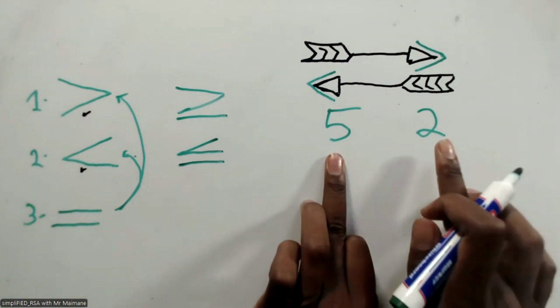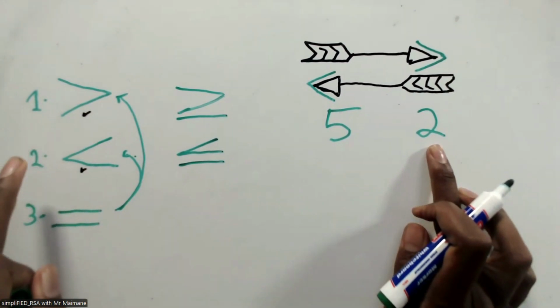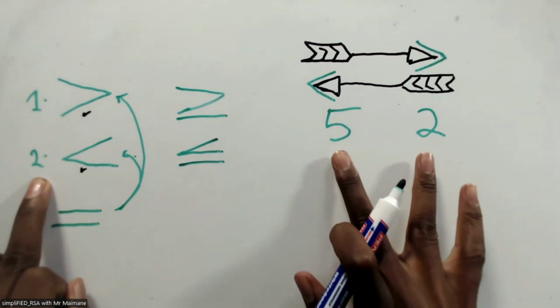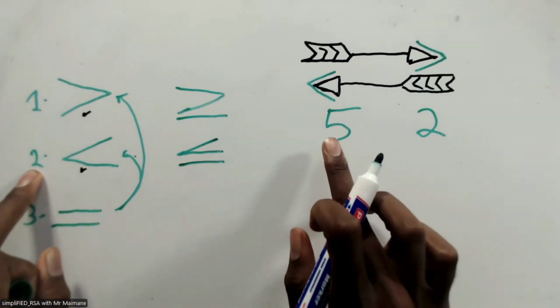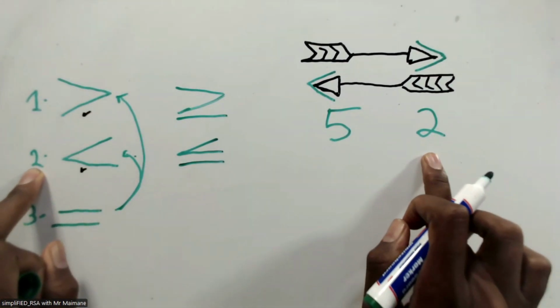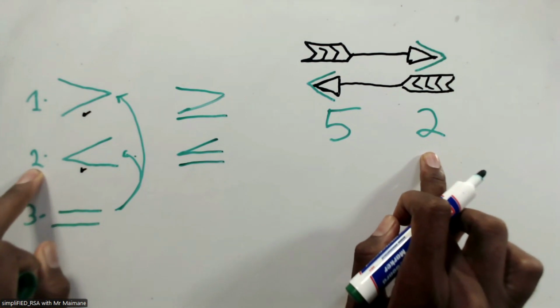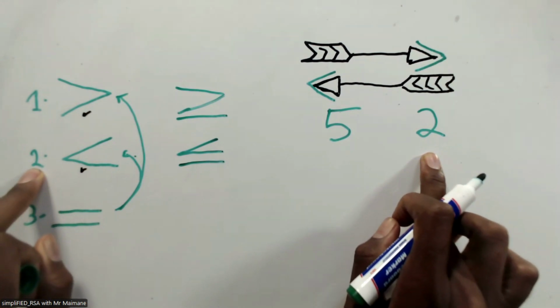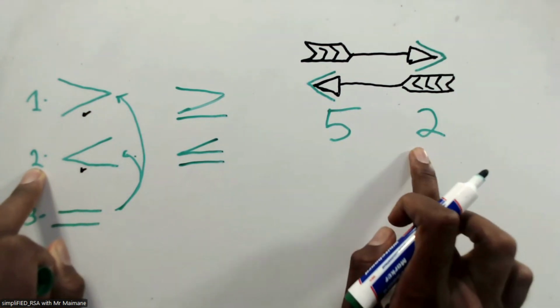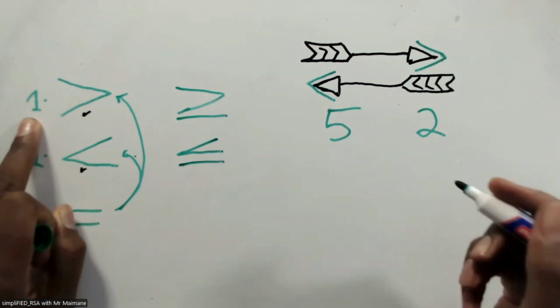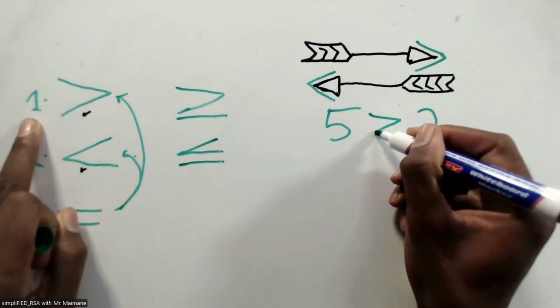If you have a 5 and a 2, between arrow 1 and arrow 2, you must ask yourself which one you would put in between. Between 5 and 2, which one is stronger? Which one has the strength to conquer the other one? Obviously, 5 is stronger and can conquer 2, such that arrow number 1 would be in between.